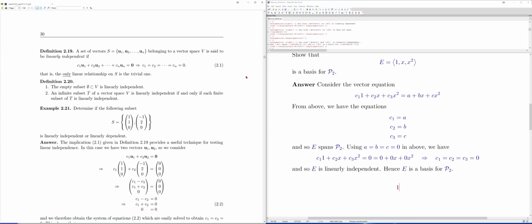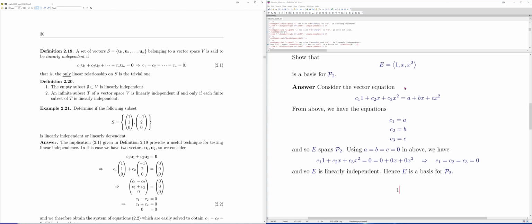You form your vector equation, set it equal to 0 on the right-hand side, and you solve. If when you solve you get the unique solution that the c's are all 0, then that means the vectors that you have are linearly independent. So in this case, these are the vectors 1, x, and x squared.